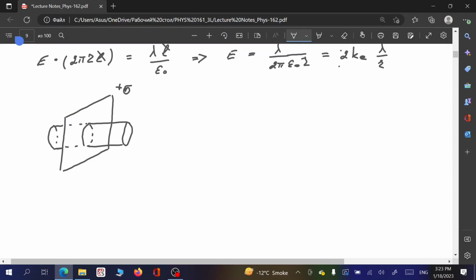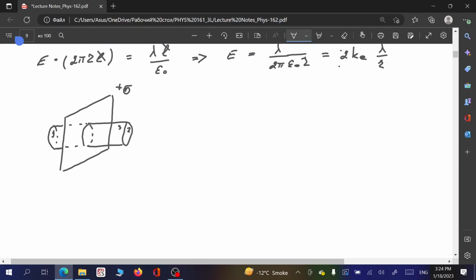So we divide the cylinder in two halves with this plane. And again, we have several surfaces, let's say 1, 2, and 3.